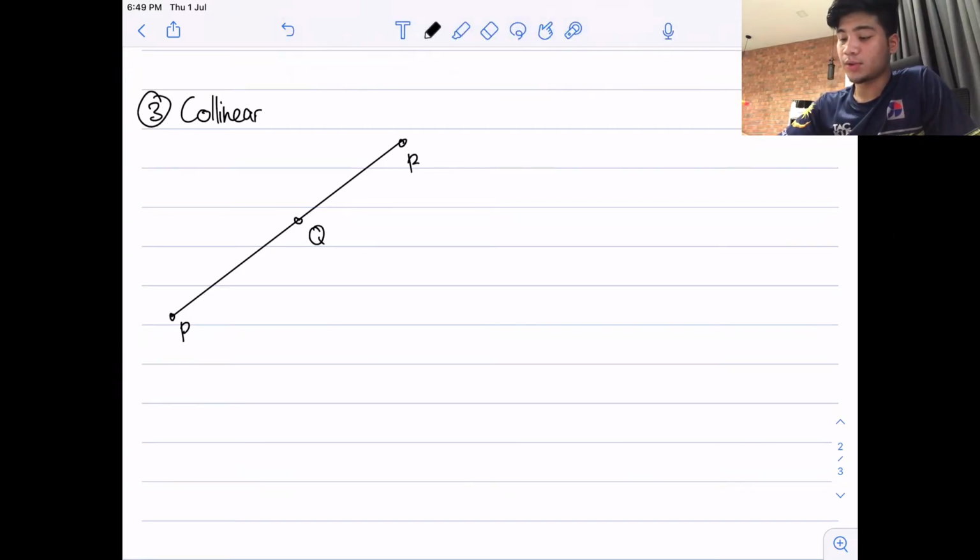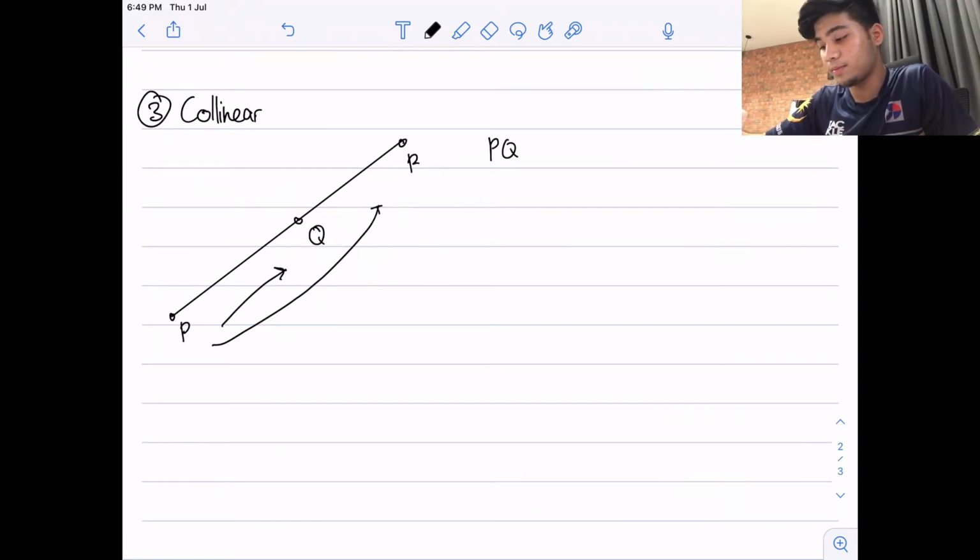So what I usually choose is P to Q and also P to R. So in this case, it's given that PQ is equal to 10a, whereas PR is equal to 4a.